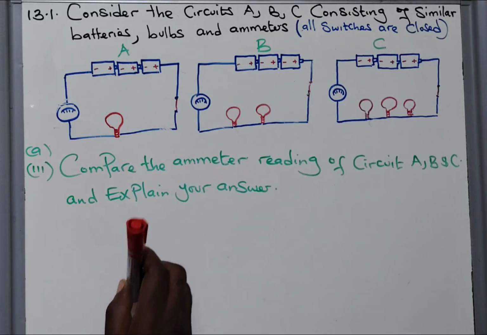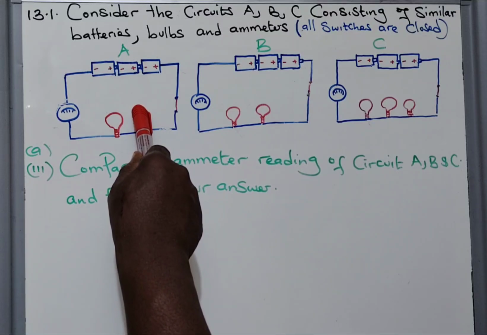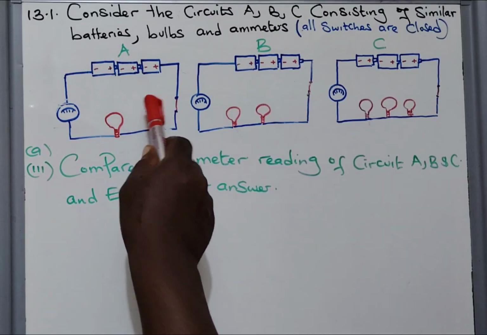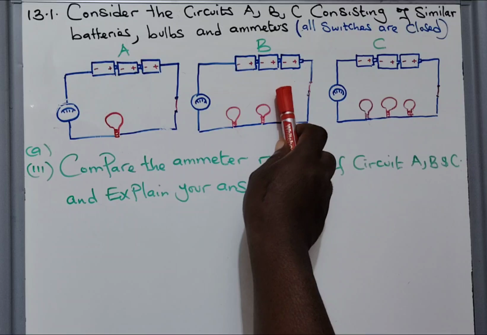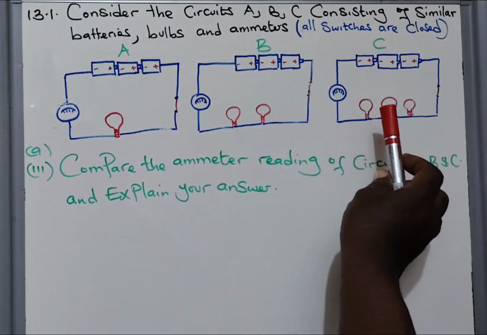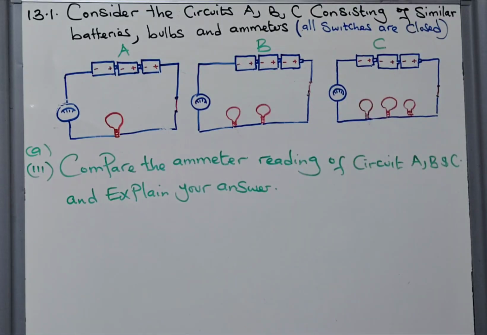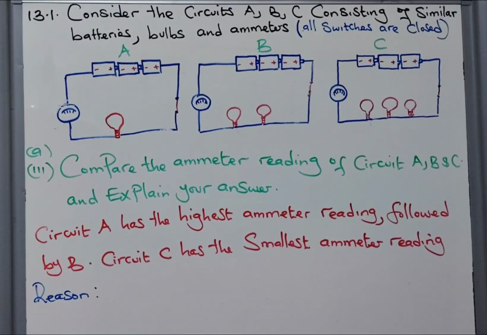The ammeter reading A registers the highest current, followed by B. The least or the smallest reading will be with C.